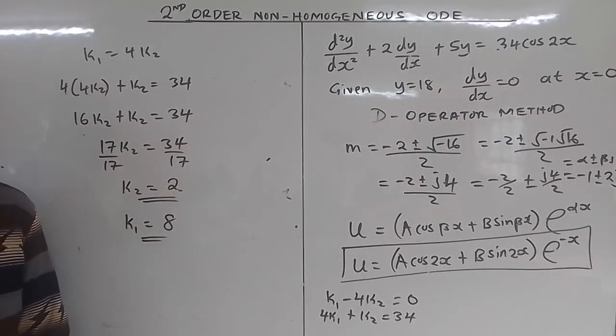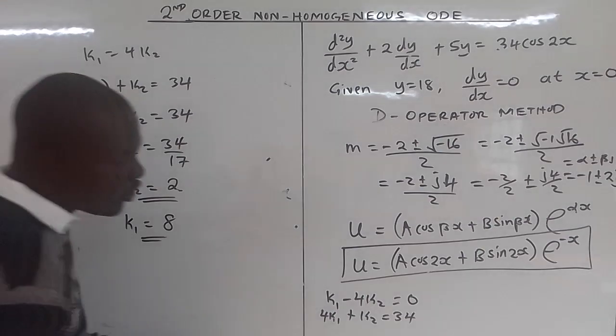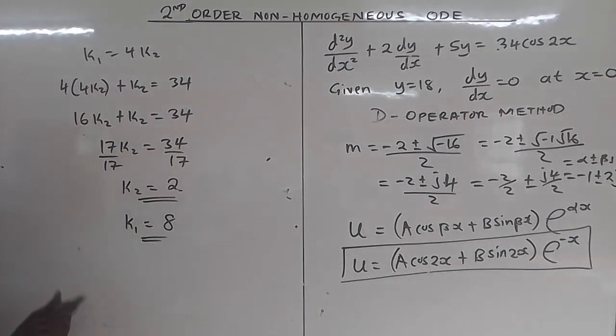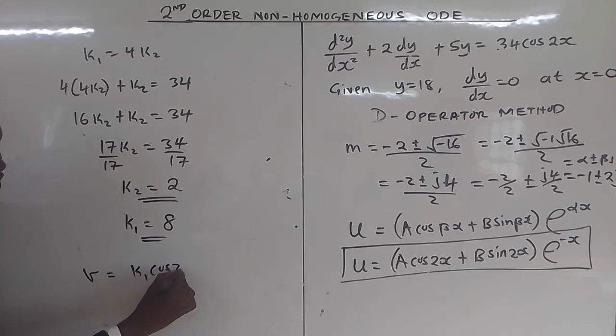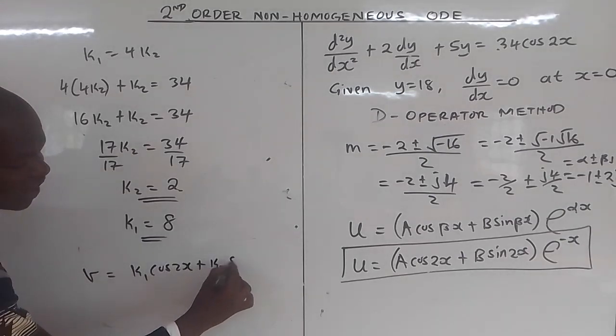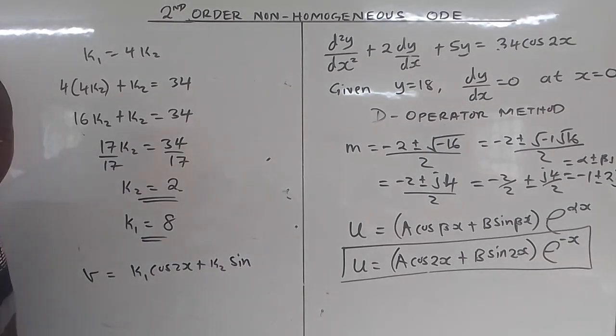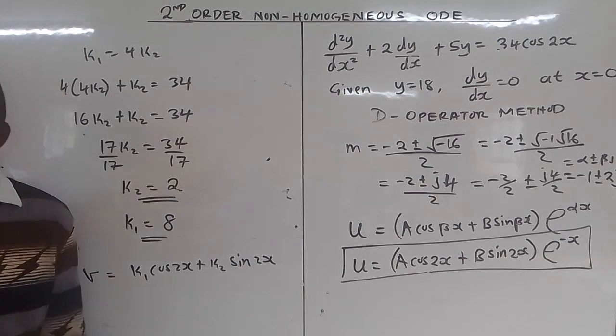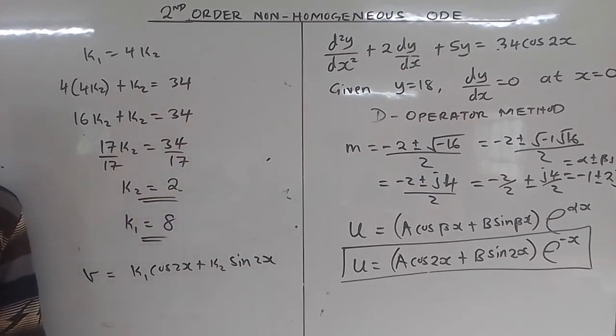So having found k1 and k2, ladies and gentlemen, you are now very happy, because your V was k1 cos 2x plus k2 sine 2x, isn't it? Are we together? So this was your V. Where there is k1 and k2, you put the values.